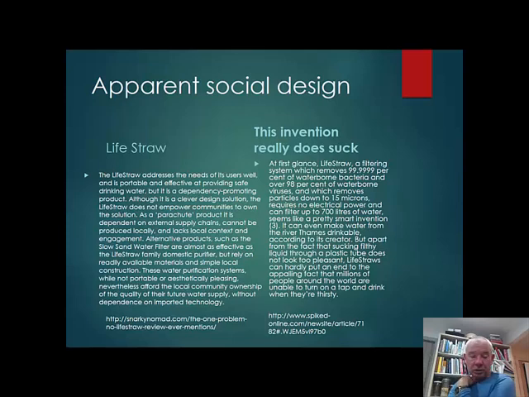So this was an innovation which originally was touted as solving a key problem of water access. It ended up that the people who mostly buy this are people who go bushwalking and tramping in the West. It hasn't become some affordable innovation for Africa, which was one of the ideas.